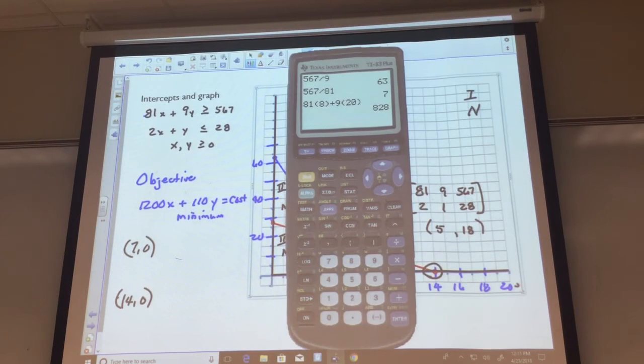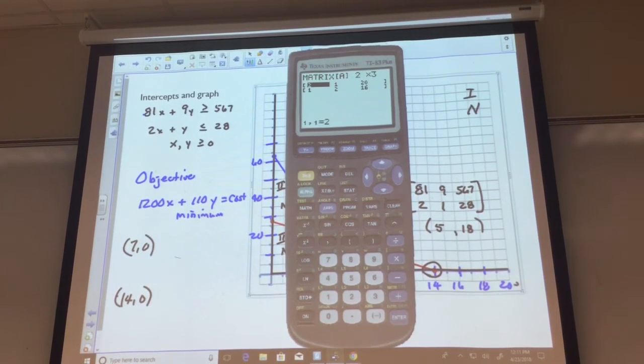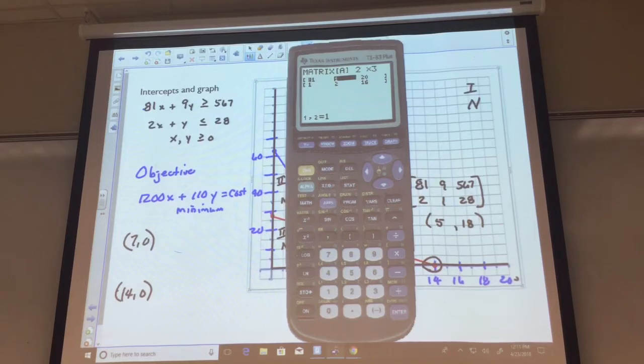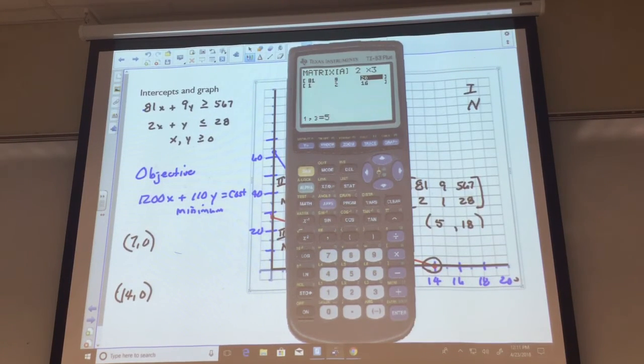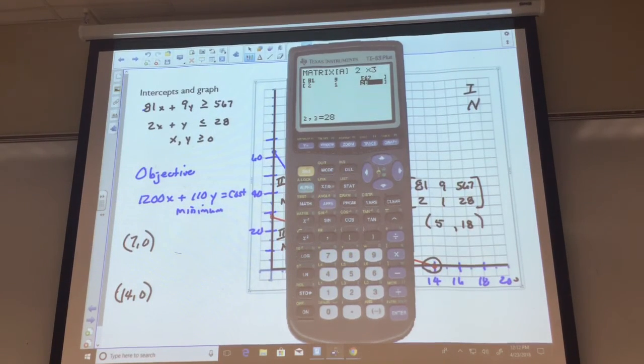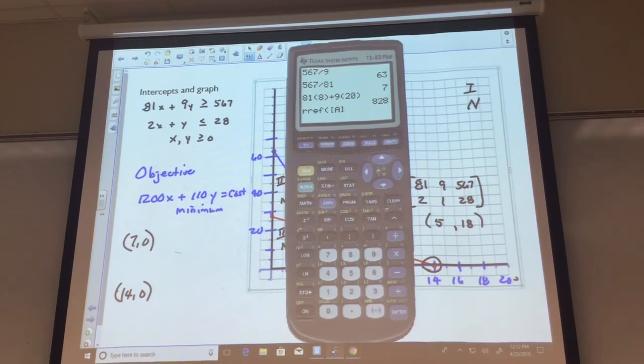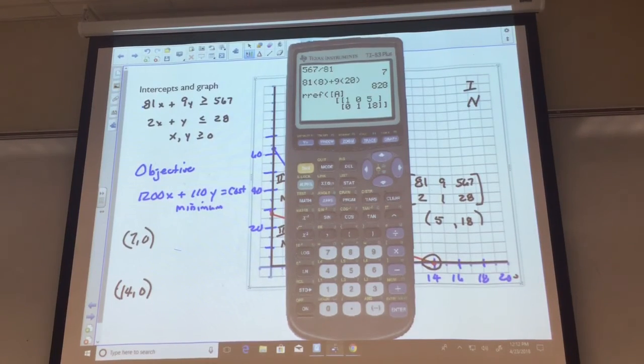Just to verify, because people are saying, how do you know that? This is only the second time today that I've worked this problem. So we have 81, 9, and 567, 2, 1, and 28. We need reduced row echelon, and we need matrix A. And there it is, 5 and 18.